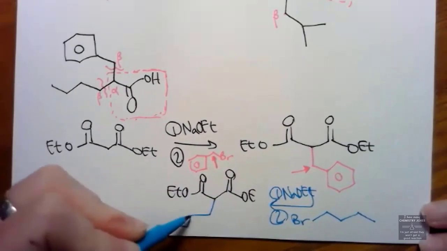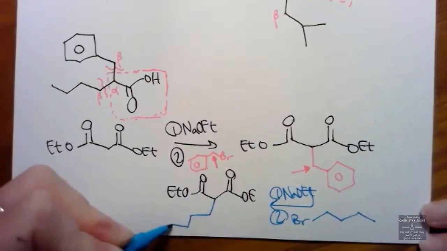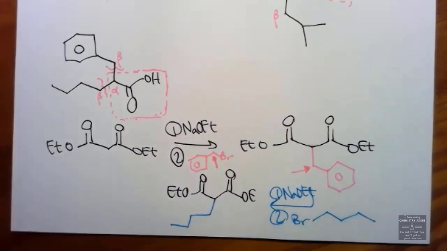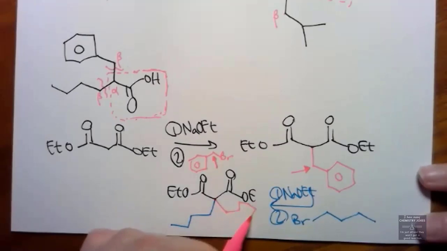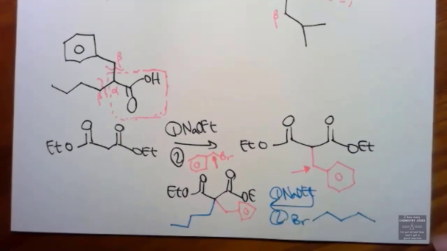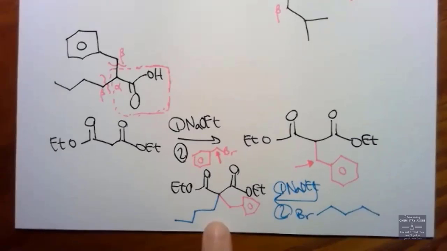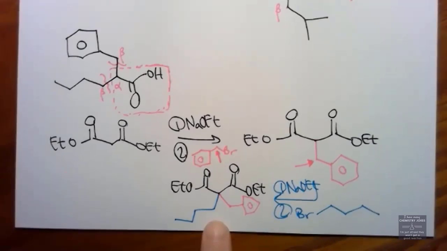Four carbons get connected from my blue thing, plus my pink thing. I just realized I left off a T. And this is my product, except I need to saponify, acidify, and decarboxylate. Saponify means hydrolysis in base.